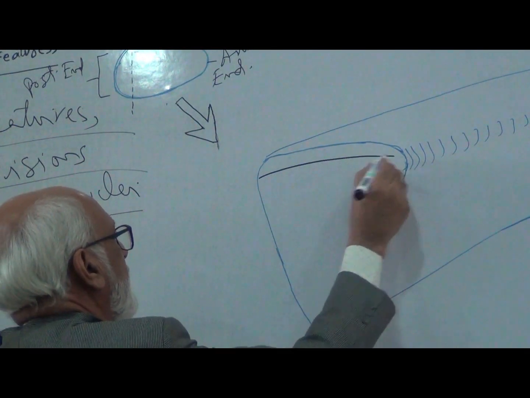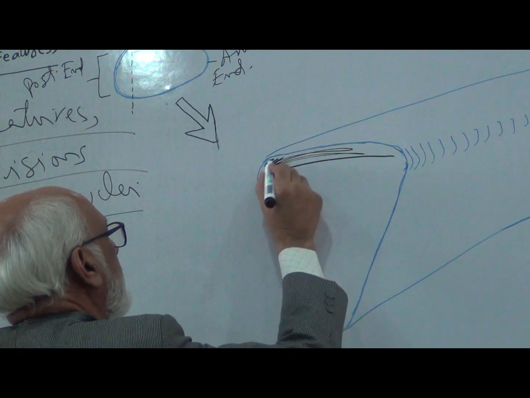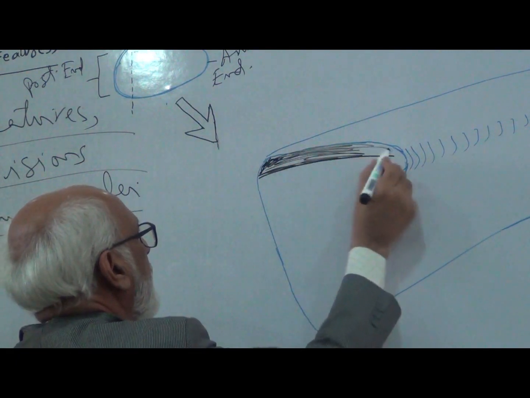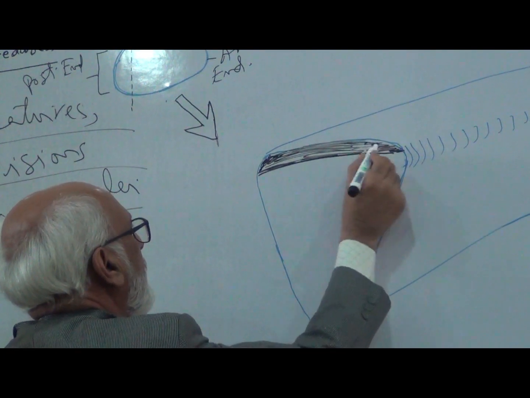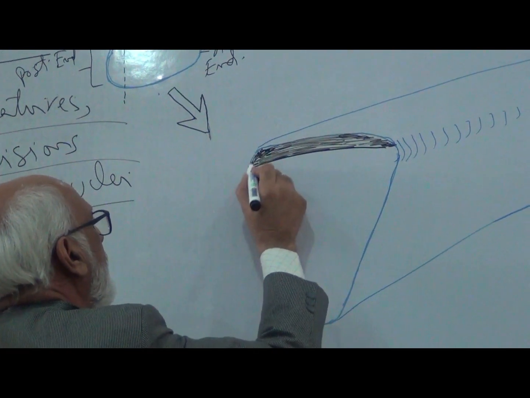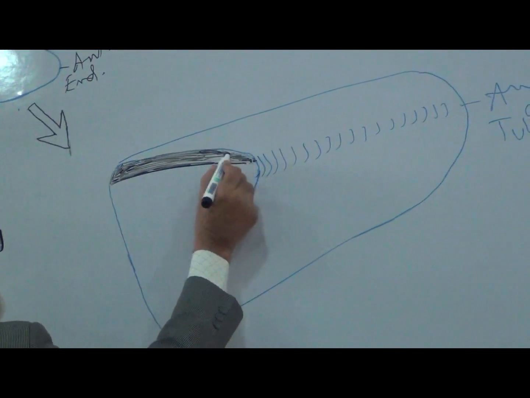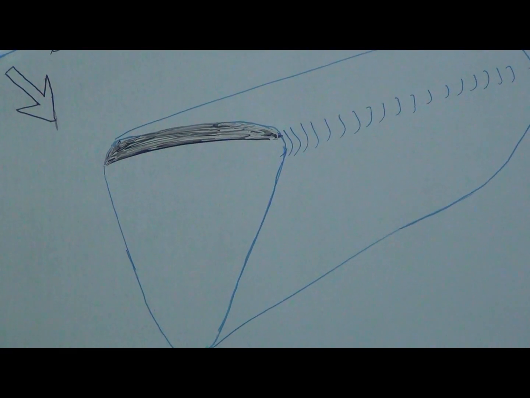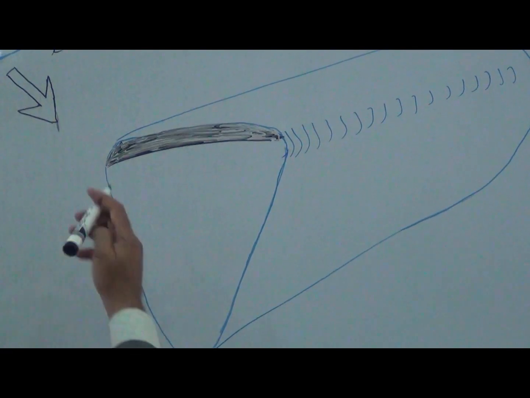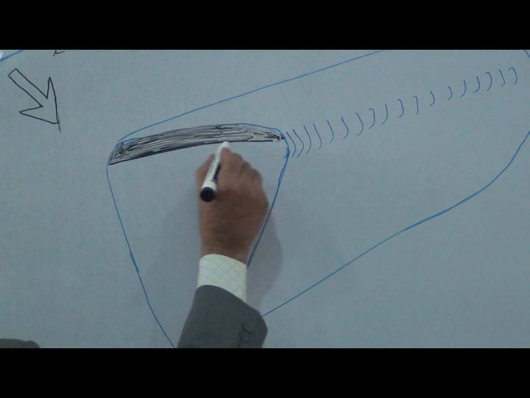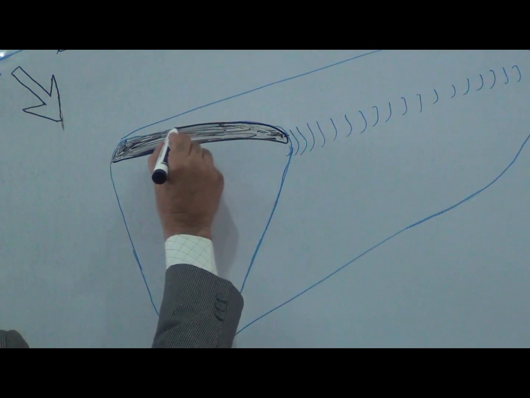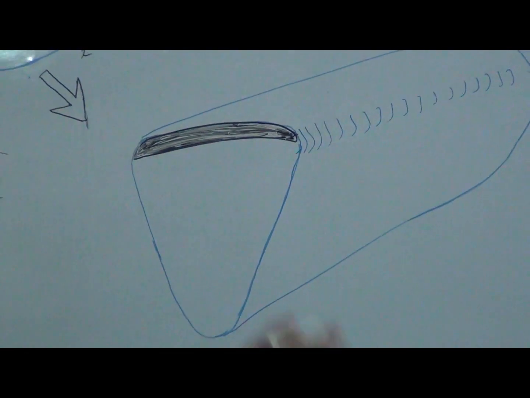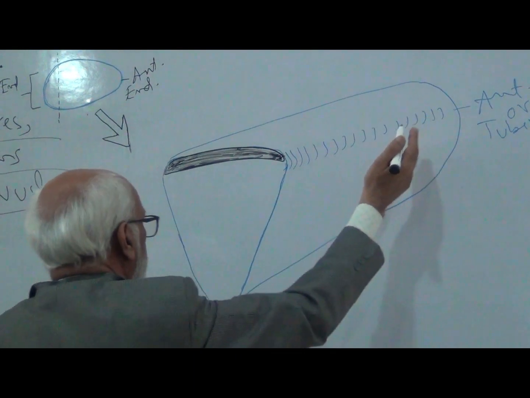On the superior surface, there is a layer of white matter which covers the whole superior surface from posterior end to the anterior end.